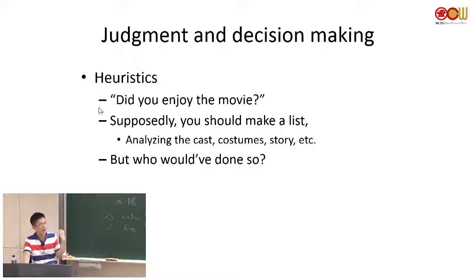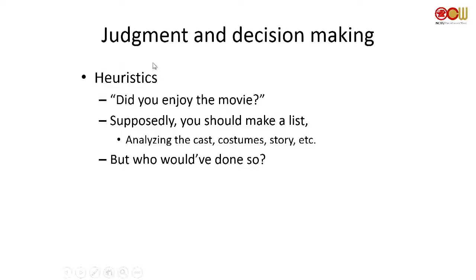It's like a thinking shortcut. You are not analyzing things, but you are just giving an answer based on a hunch. Okay, a hunch, 一个直觉, that kind of hunch. In psychology, we call it a heuristic.